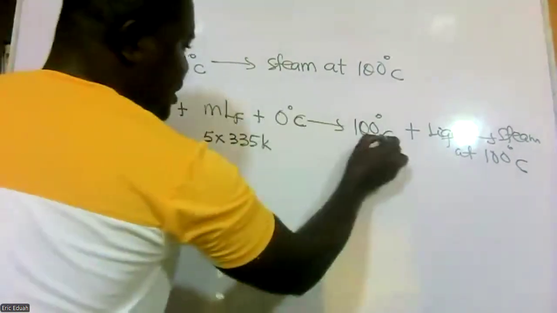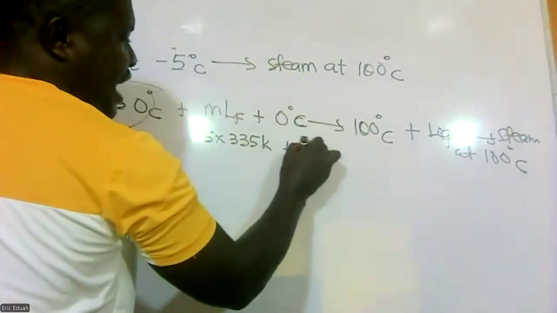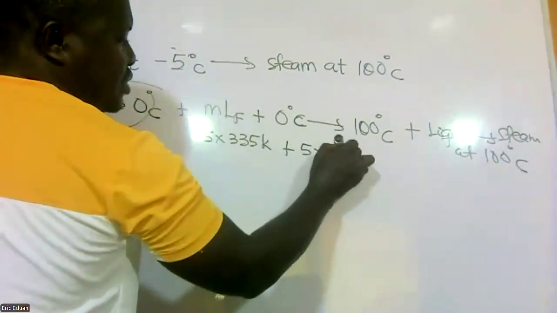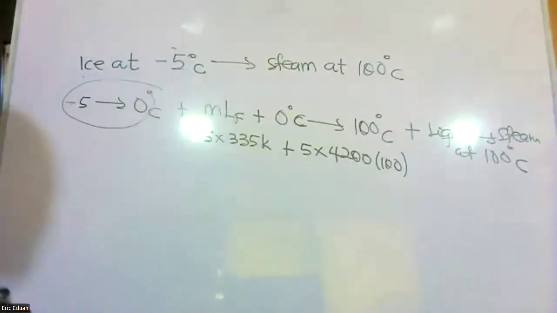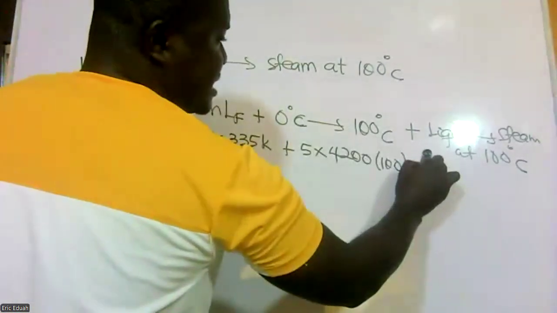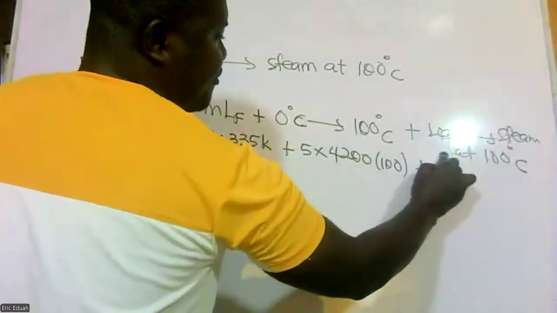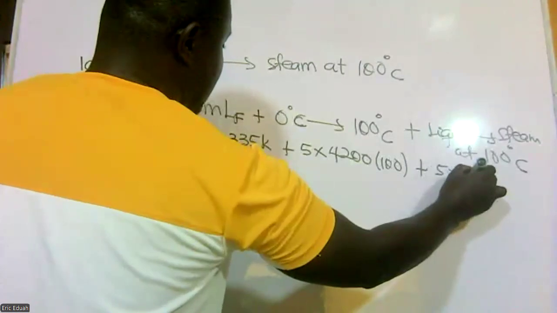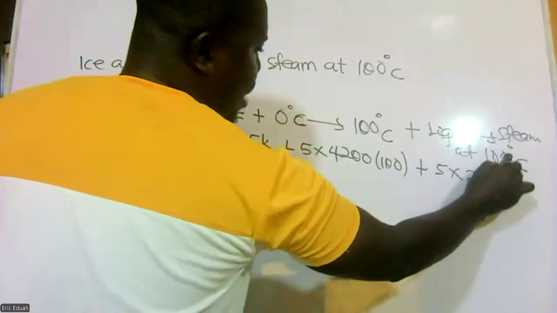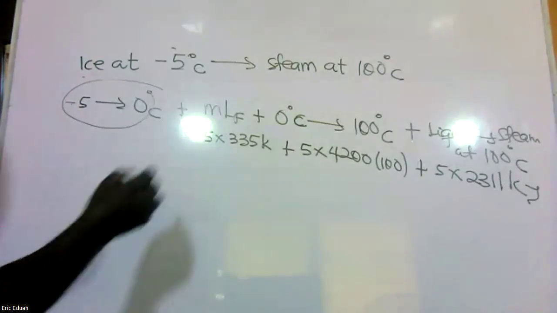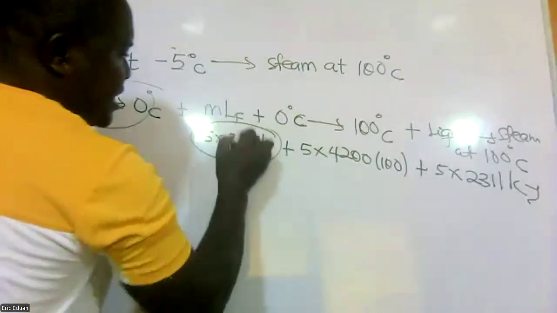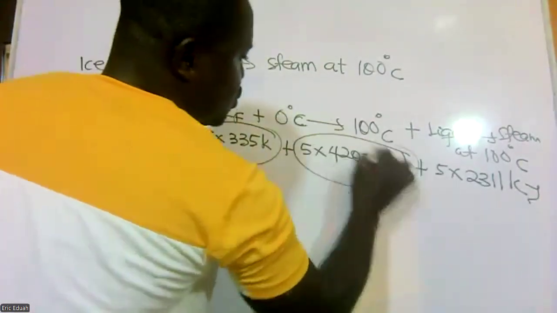Then we went through this part where we had 5 times 4,200 times change in temperature of 100. Then plus 5 times, I think, 2311 kilojoule. Okay, so we've done these 3 stages, stage 1, 2, 3.